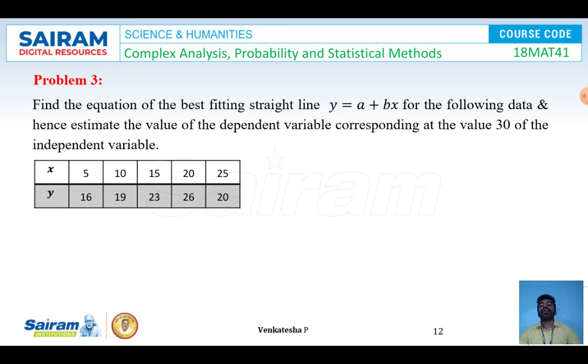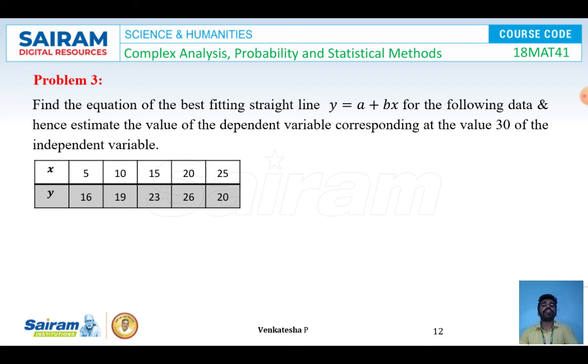Problem number 3. Find the equation of the best fitting straight line y is equal to a plus bx for the following data and hence estimate the value of the dependent variable corresponding to the value 30 of the independent variable. The first thing is to know which is the independent variable and which is the dependent variable.